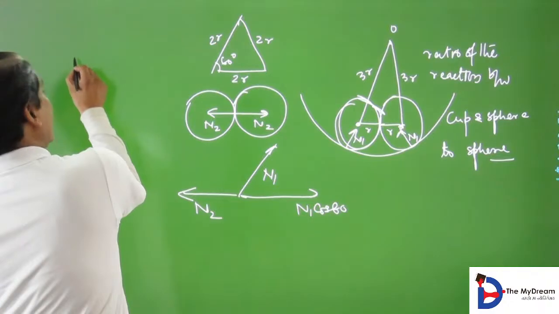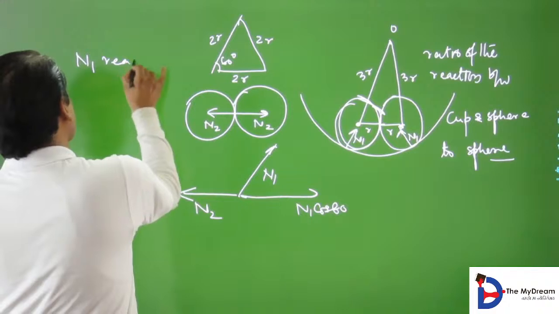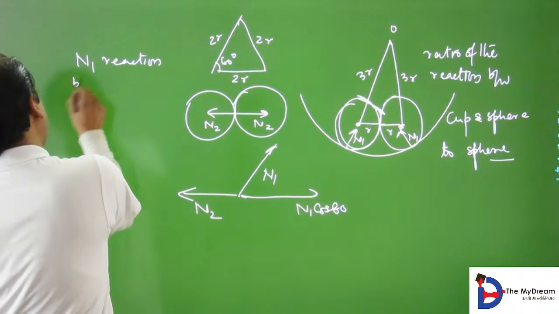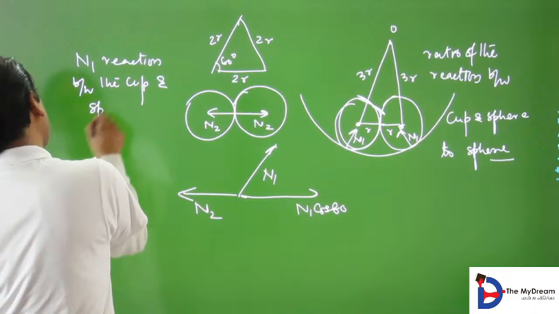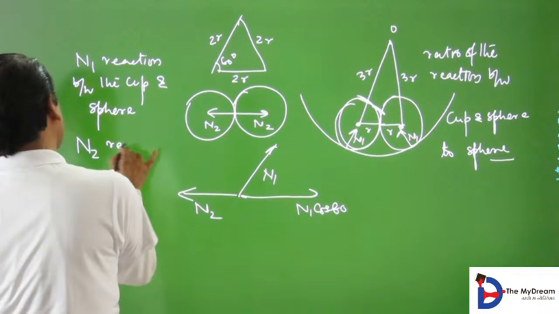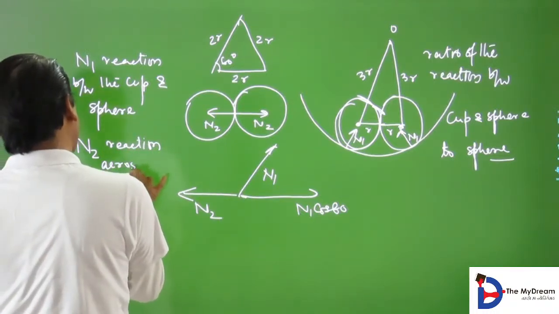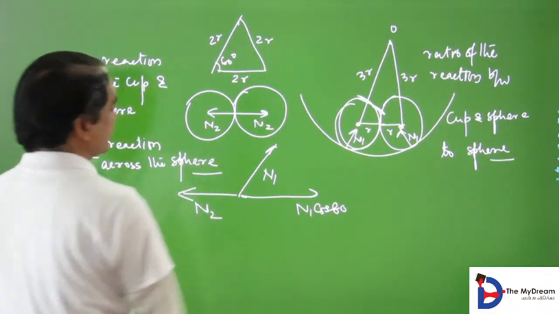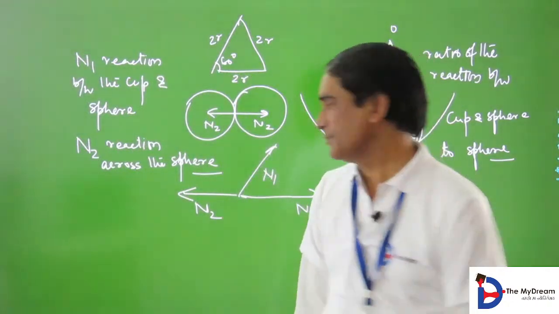n1 is the reaction between the cup and the sphere, and n2 is the reaction across the sphere. So first of all, you can draw the free body diagram.